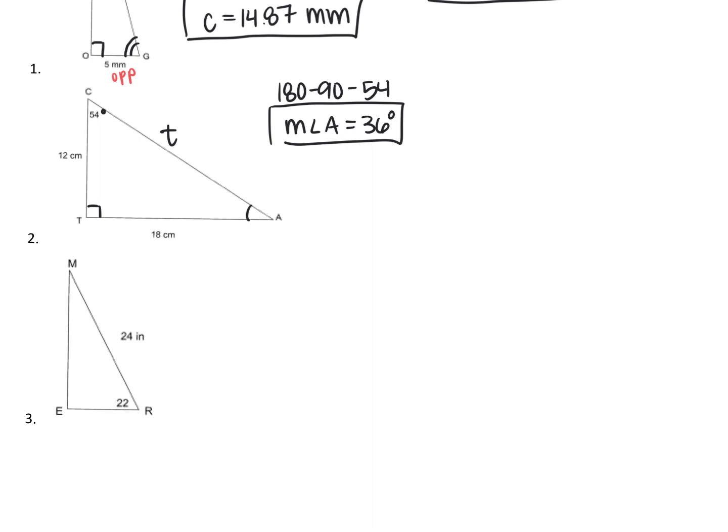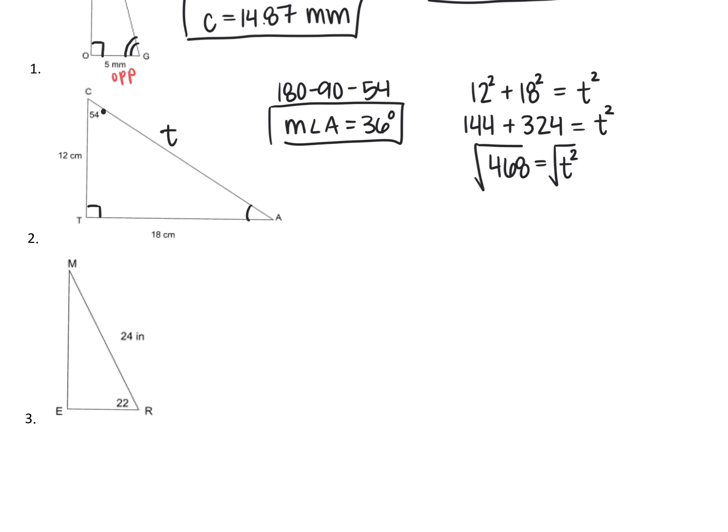So we're just going to use the Pythagorean theorem. 12 squared plus 18 squared equals T squared. 12 squared is 144. 18 squared is 324. 144 plus 324 is 468. Take the square root of both sides, and we get that T is 21.63. In this case, it would be centimeters.